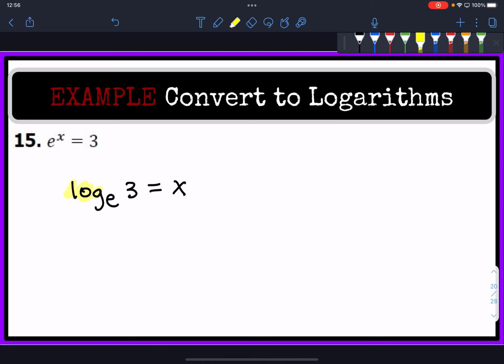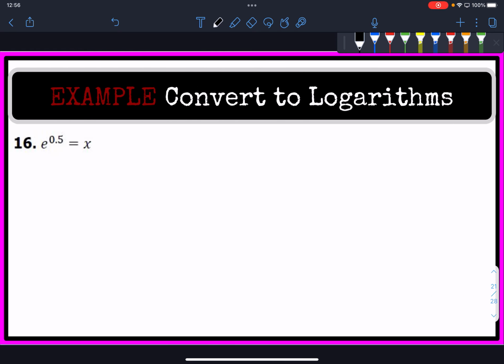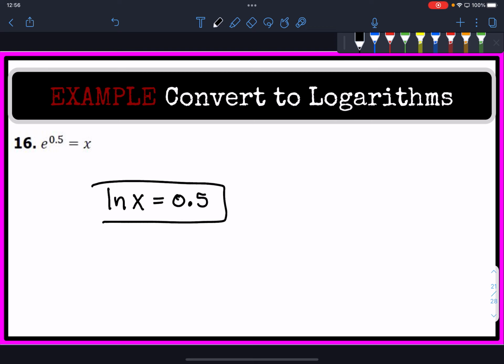But since this has the base e, I rewrite this simply using the letters ln. So ln of 3 equals x. That's the standard way of writing a log with base e. Like in this example, this would be ln of x equals 0.5. This is how I convert this exponential equation into a logarithm using the natural log.